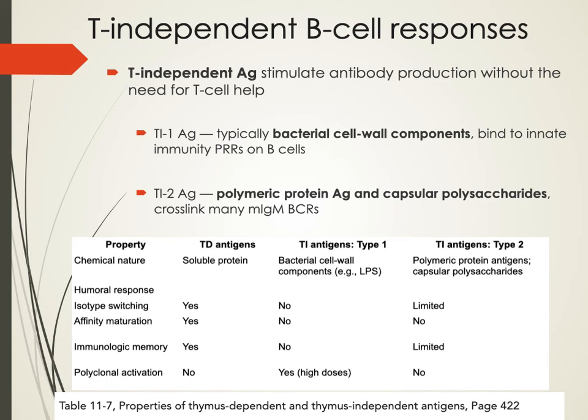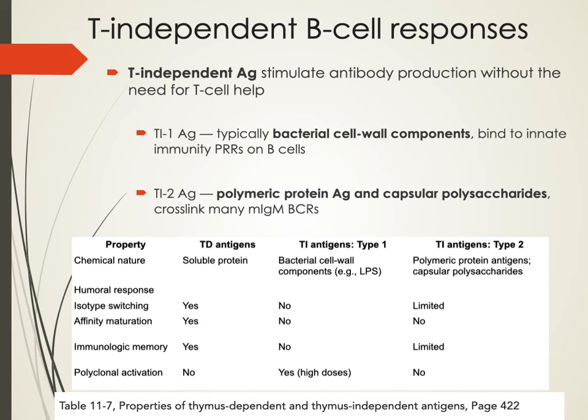I need to respond in some way, and that response should be better than if just my pattern recognition receptors, which are pretty generic, because macrophages and all these other cells have them, and so it's not something unique to the B cell. B cell receptors are unique to that B cell, and so it would make sense that, at least on a limited basis, your response would be a little bit different, so that you would have some limited isotype switching and limited memory population being produced.